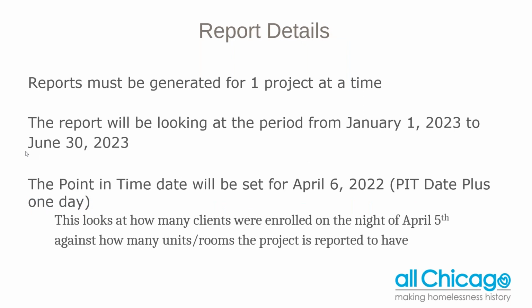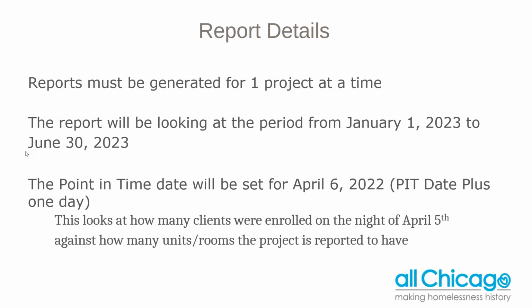So report details. Reports must be generated for one project at a time. If you have 5 projects at your agency for which you are going to be submitting data quality reports, and let's say they're all permanent supportive housing projects, you will have to run 5 separate reports, and you wouldn't be able to combine them all into one and submit it.